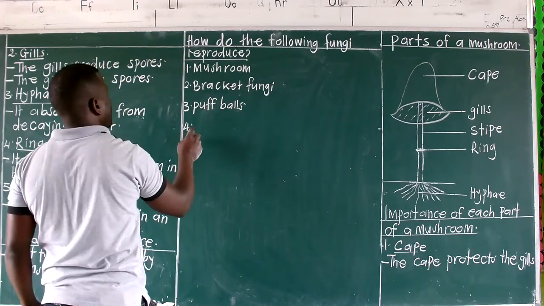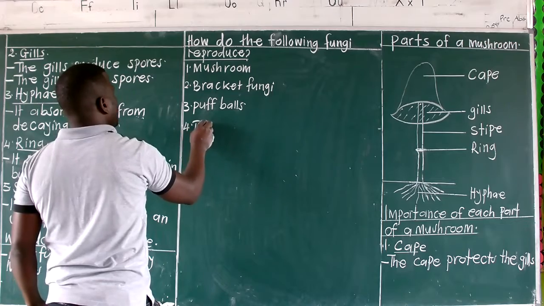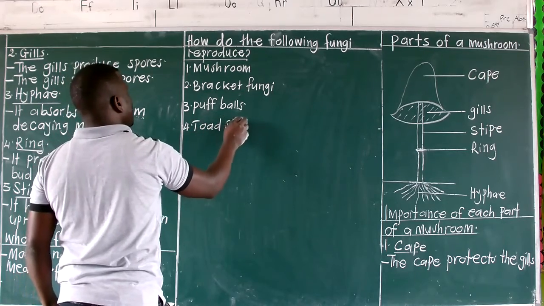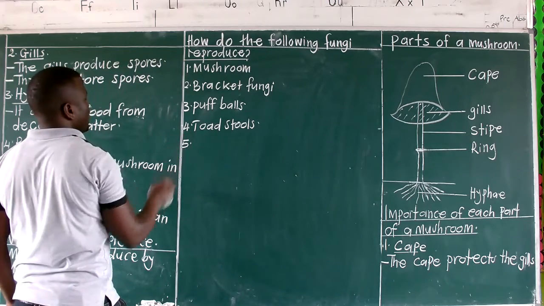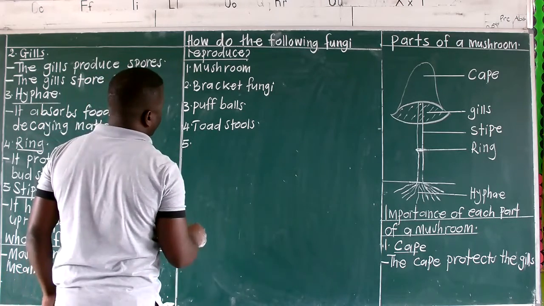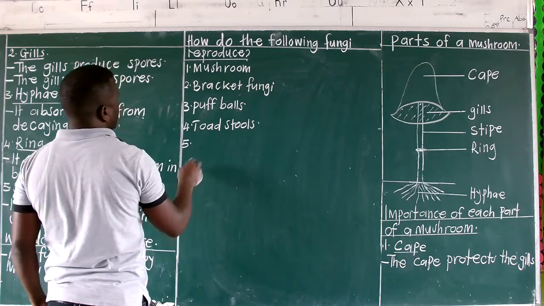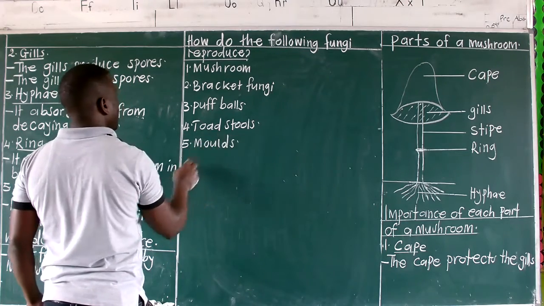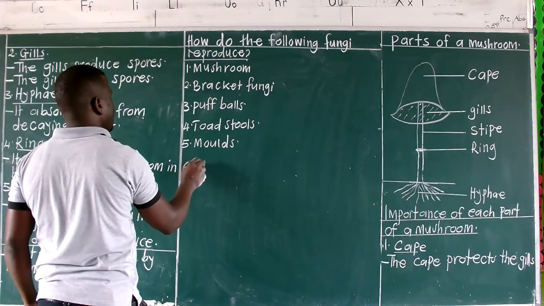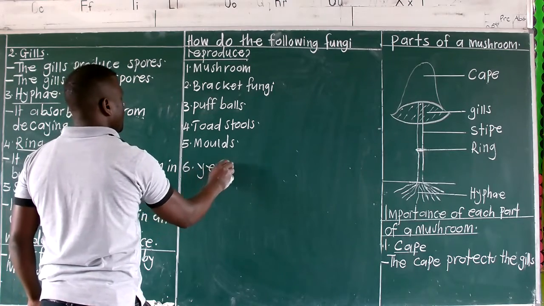Number 4, we have toadstools. Number 5, we have molds. Then number 6, we have yeast.